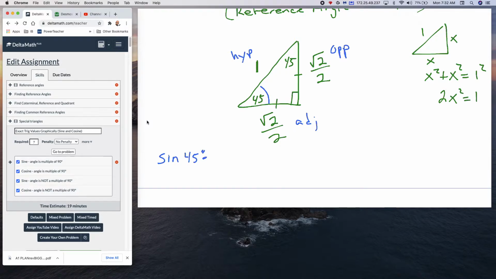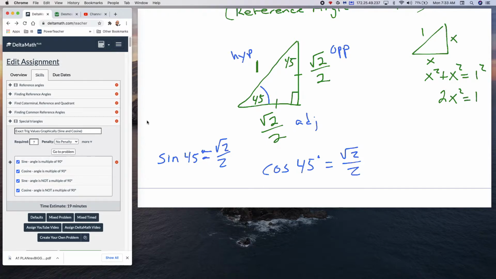So the opposite over the hypotenuse is the square root of 2 over 2 divided by 1, which is just the square root of 2 over 2. The cosine of 45 degrees is the adjacent over the hypotenuse. So both of those are the square root of 2 over 2.